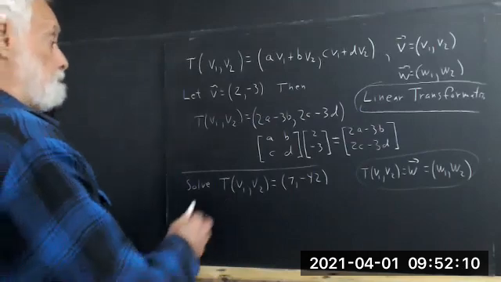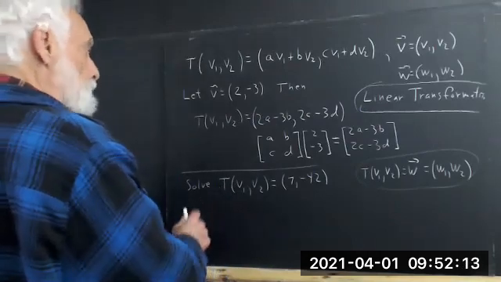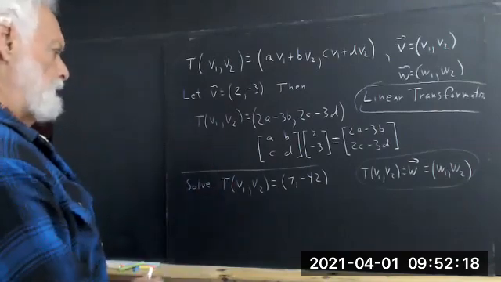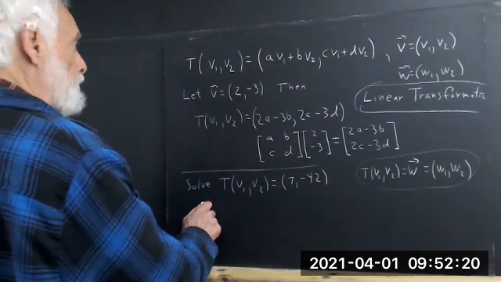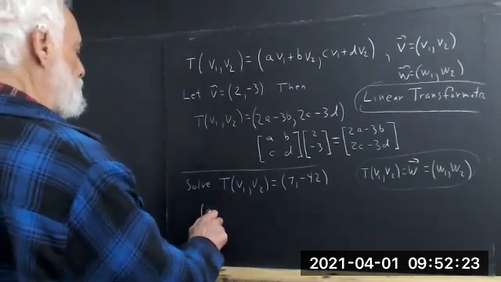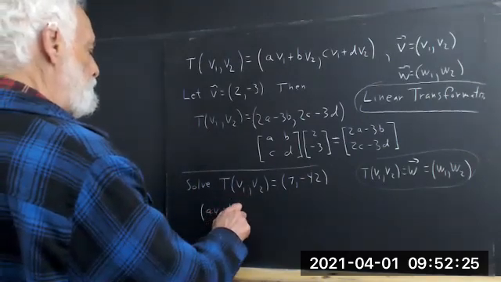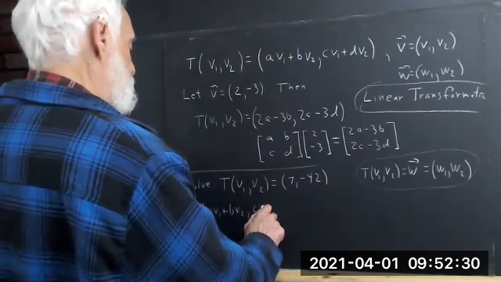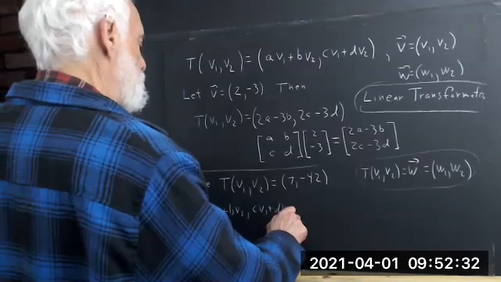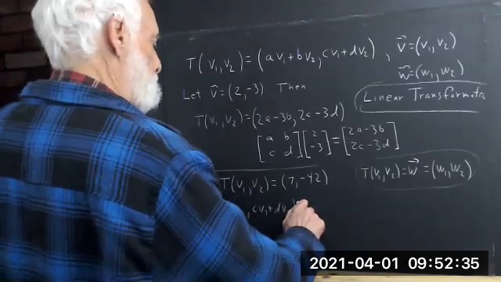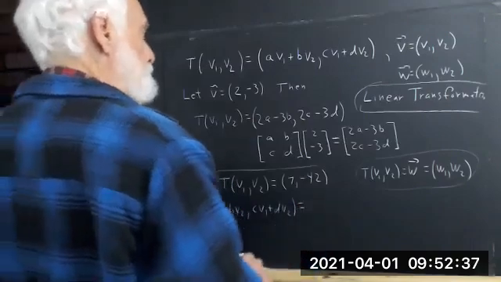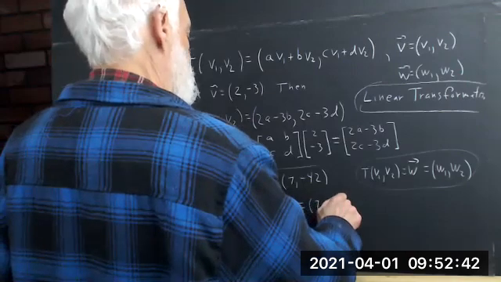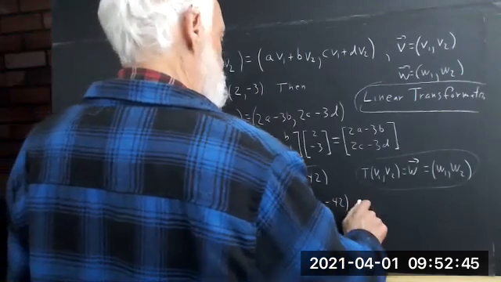If I write out the equation, T of V1, V2 is A V1 plus B V2, C V1 plus D V2, equals 7, -42.